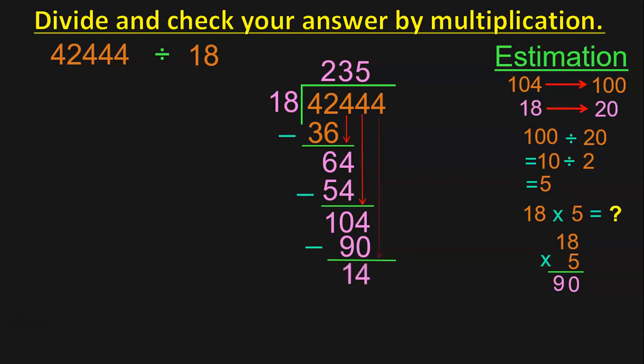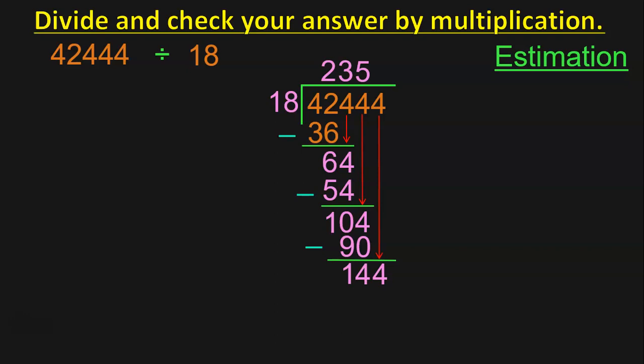The next step is to take and write down the next digit, which is 4, near the remainder. So the remainder now will be 144. What is the next step? We'll have to do division of 144 divided by 18, or how many 18s are required to make 144. Use the same estimation technique. Rounding off 144 to the nearest hundreds will be 100.